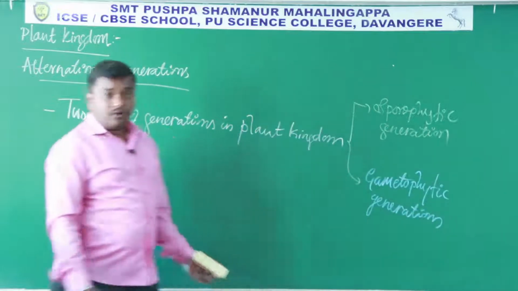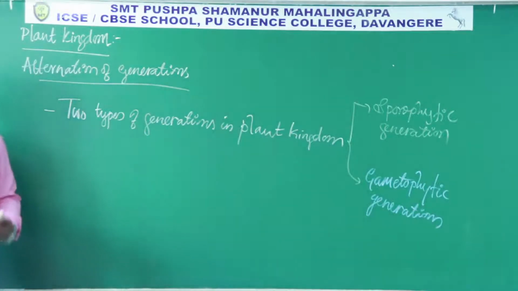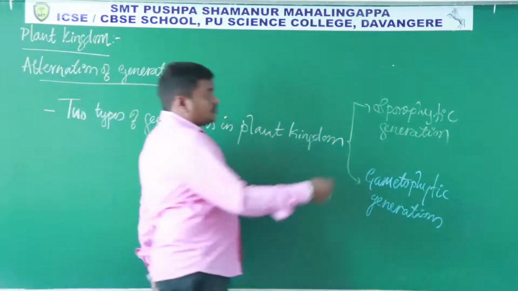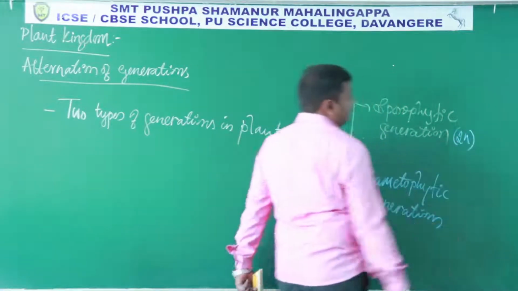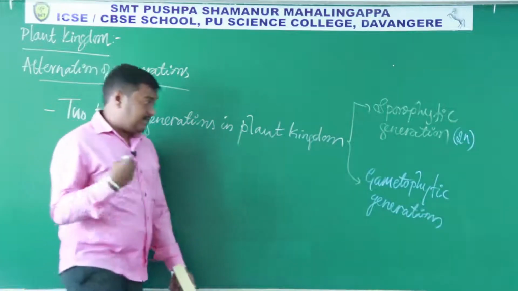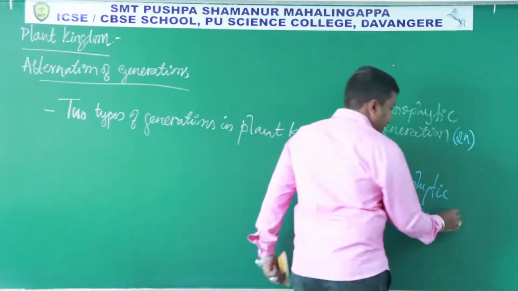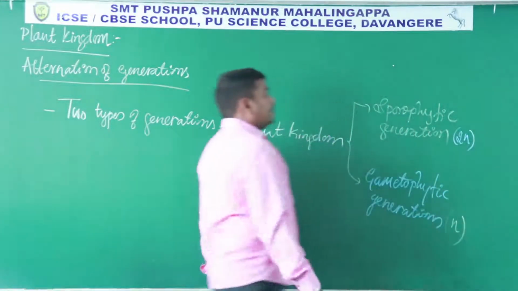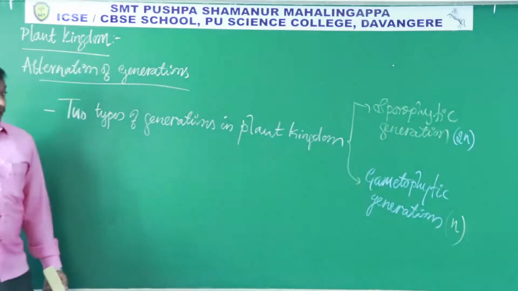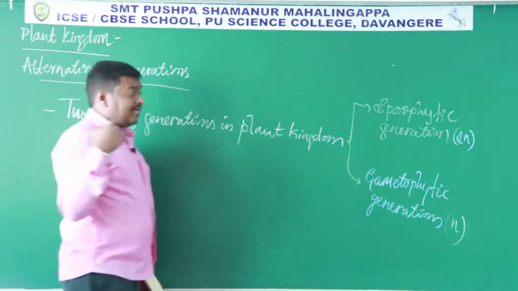The sporophytic generation is usually diploid in nature, whereas the gametophytic generation is haploid in nature.